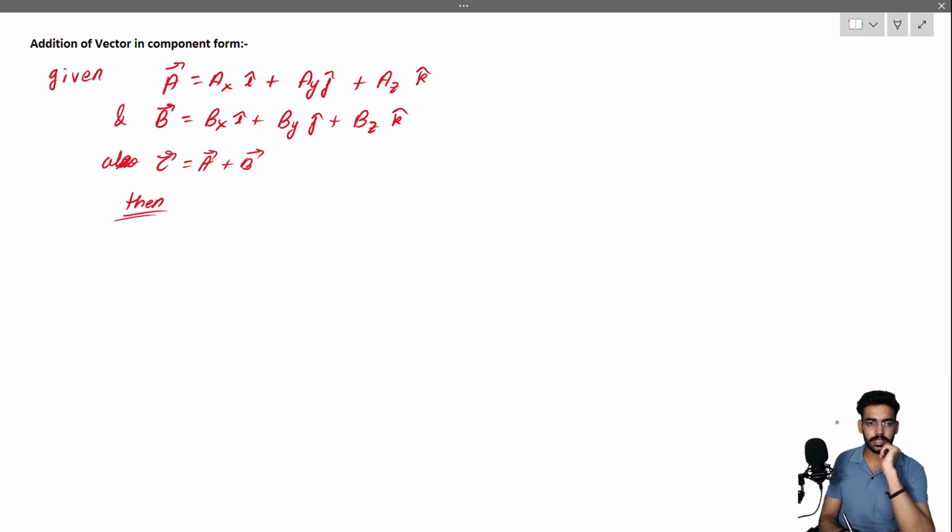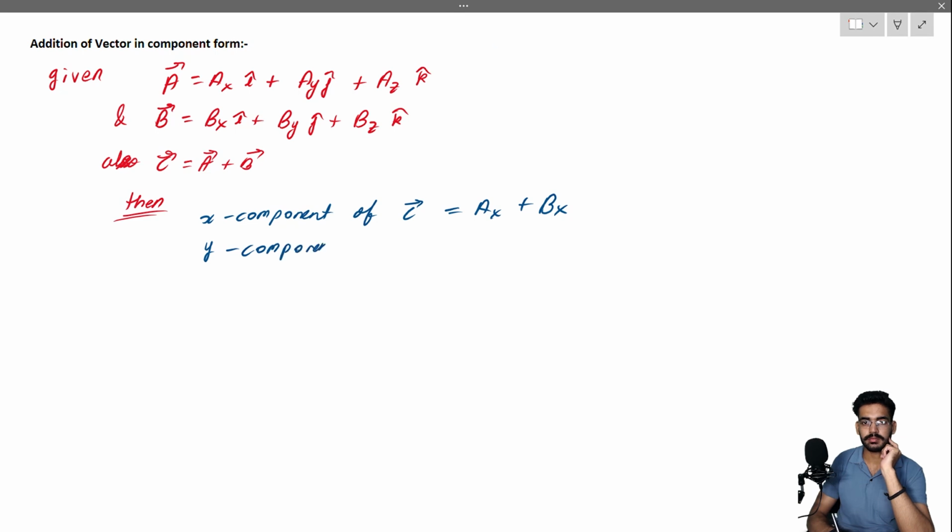So what I will write down is that the x component of c vector will be coming from the i cap, this ax and bx, right? So ax plus bx. Similarly, the y component of c vector is coming from ay and by, so ay plus by.